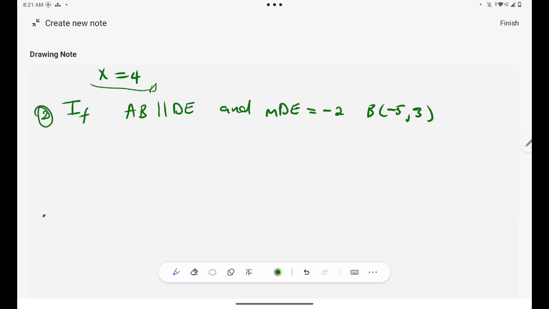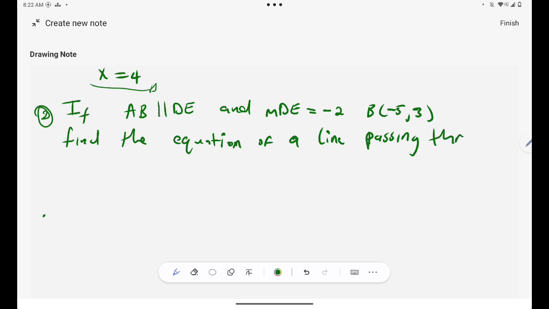Yeah, why not? The question: find the equation of a line passing through A and B, and then draw it.